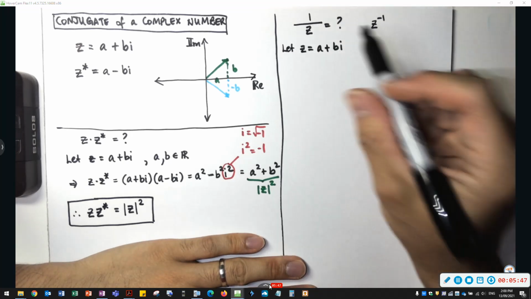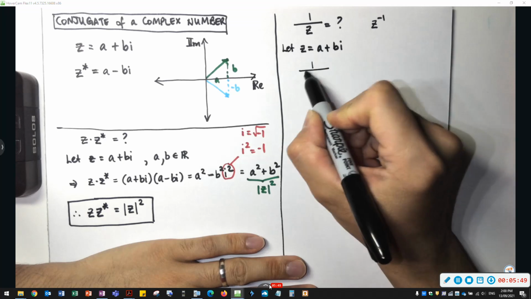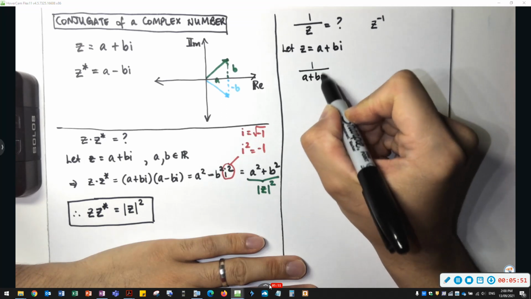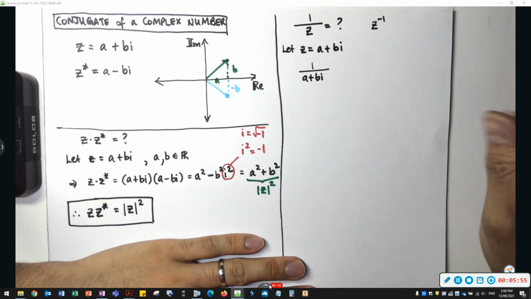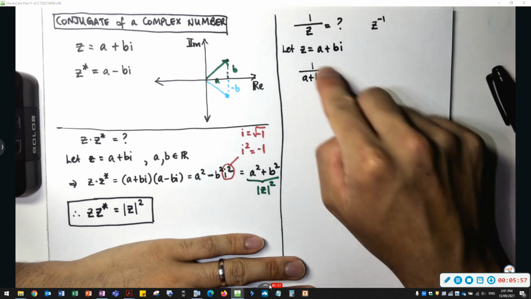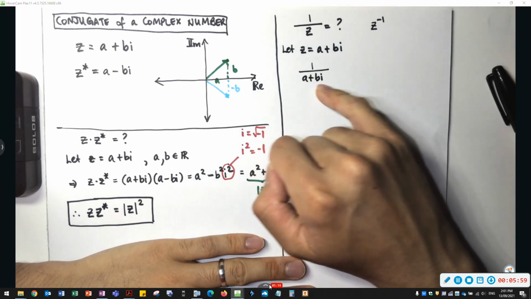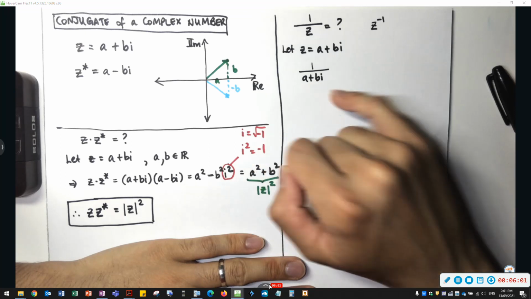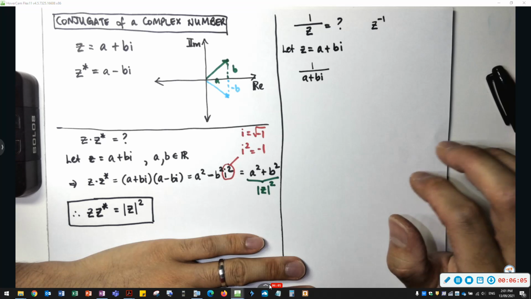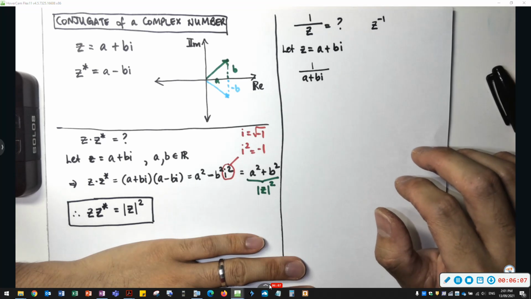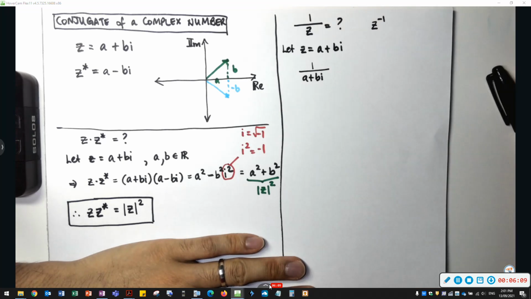So now we're just going to write 1 over a plus bi. Okay, nothing interesting. However, do note that this fraction has a complex value underneath, and it has an imaginary part. We don't like that. So we're going to do something to fix this up. We're going to multiply by its conjugate. Okay, so this is where the conjugate is useful.